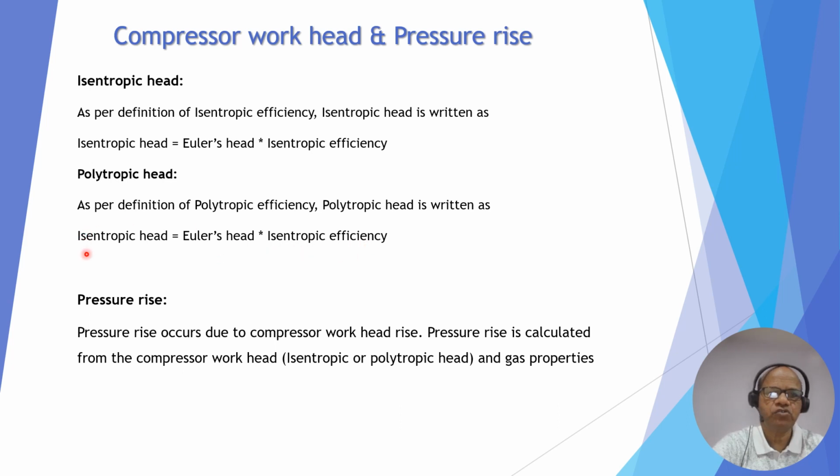Please correct it. This should be polytropic head and this should be polytropic efficiency. And then pressure rise: once you know either the isentropic head or polytropic head, you can calculate the pressure rise based on the gas composition and inlet condition of the gas. And this is how we can calculate how much pressure has been generated by compression.